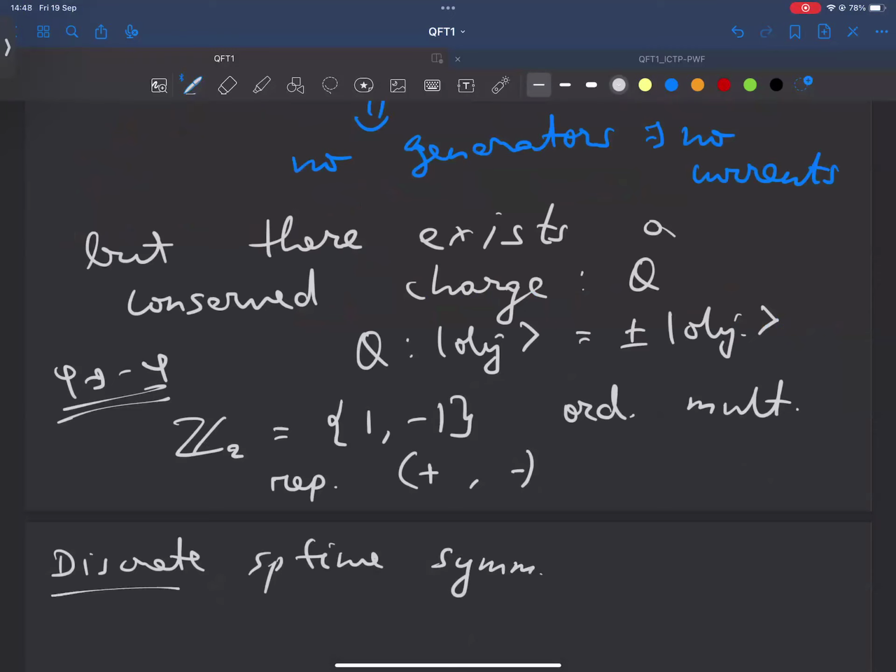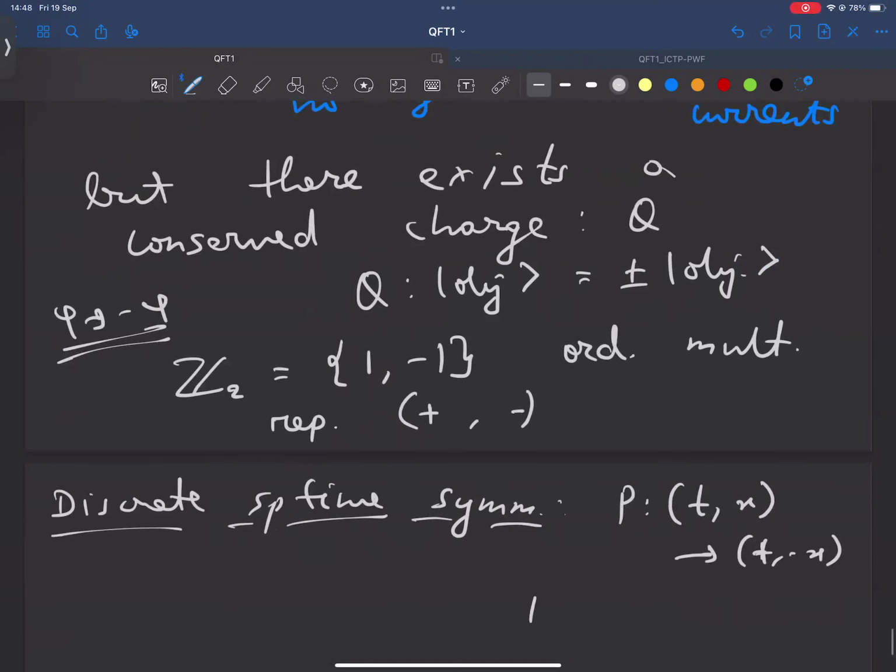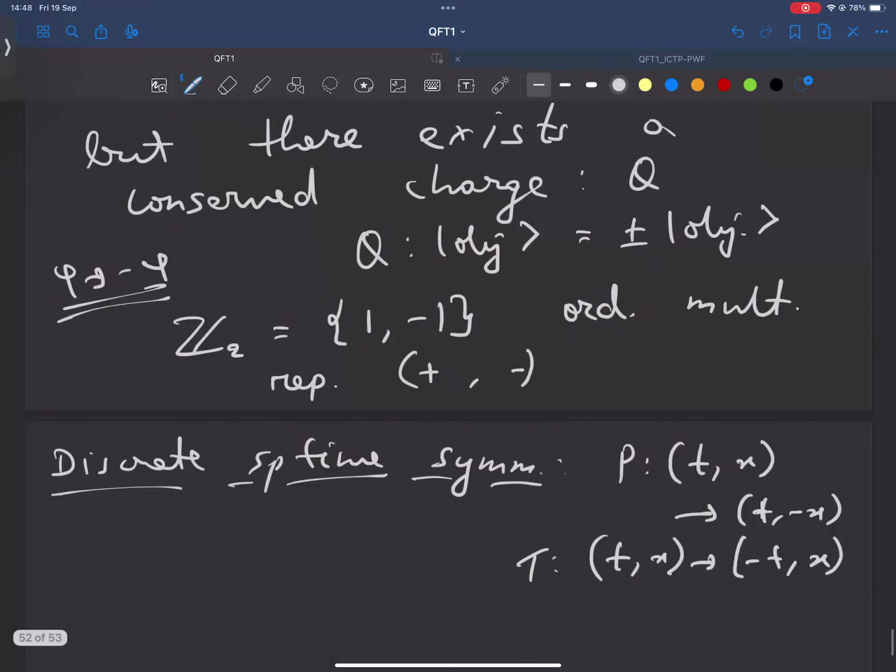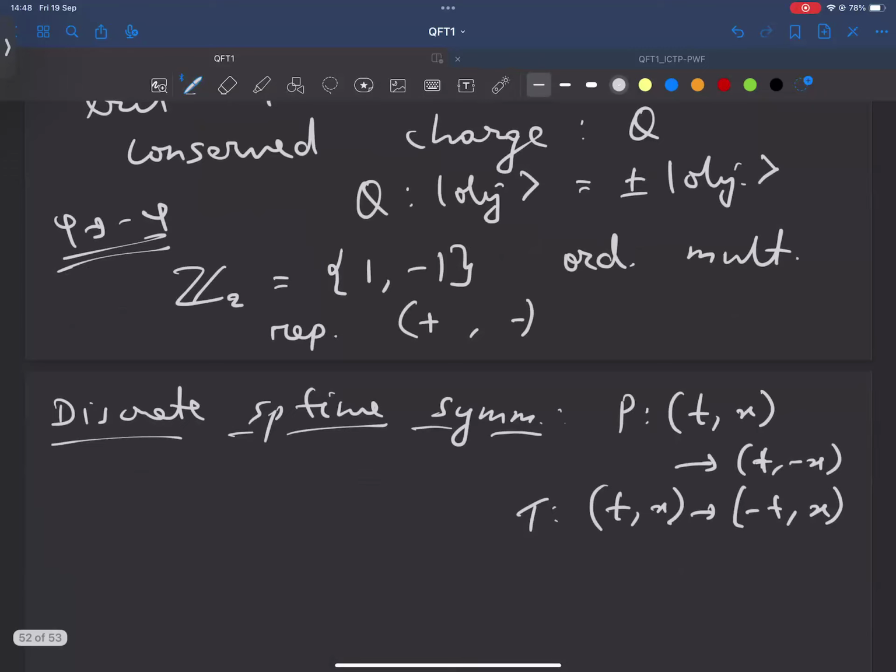Those were again Lorentz matrices, like the parity that took t, x to t, minus x, and the time reversal matrix that took t to minus t. So these are discrete space-time symmetries which are not continuous, but they will still have some conserved charges.